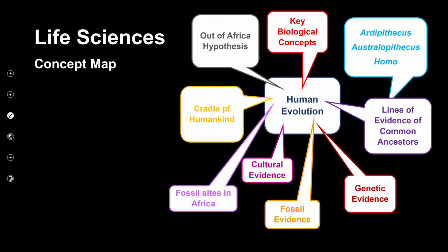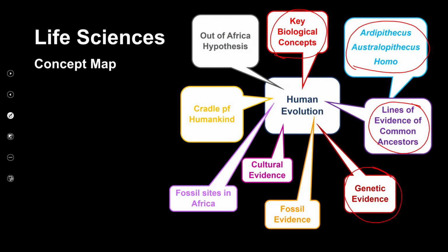On this topic, we're going to have a look at the key concepts, which are very important. Terminology is key. We're going to have a look at the lines of evidence that we have, the various species that we have evidence of, and other evidence other than fossil evidence.